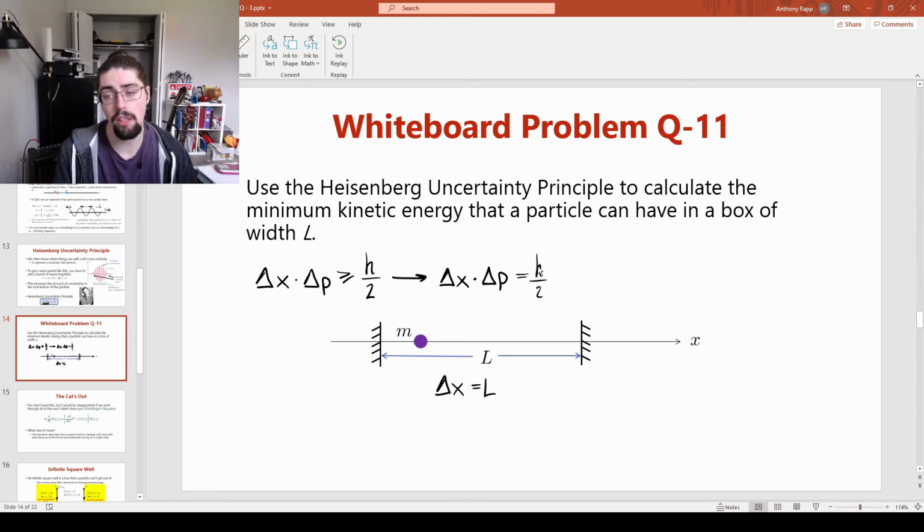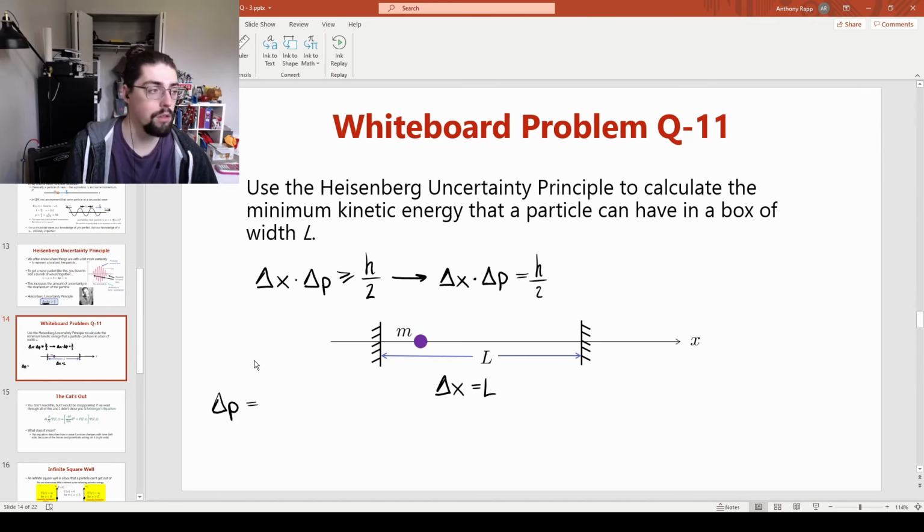If I assume that this thing is centered on 0, that the entire thing is not moving, that I've just placed it in there somewhere and I've let it go, it started at rest when I closed the box, that means that my change of momentum is going back and forth between my largest positive momentum and my largest negative momentum. Namely, 2 times m times v.